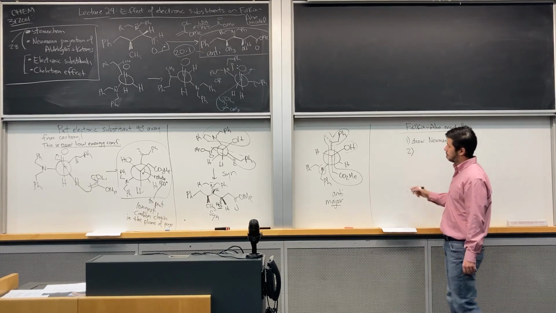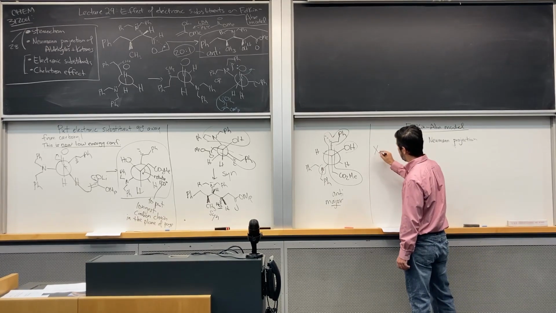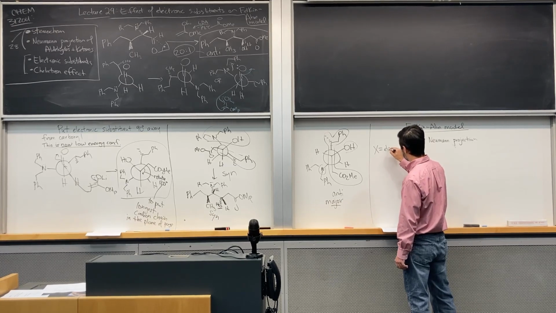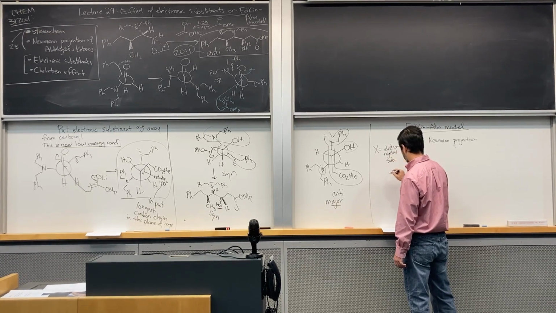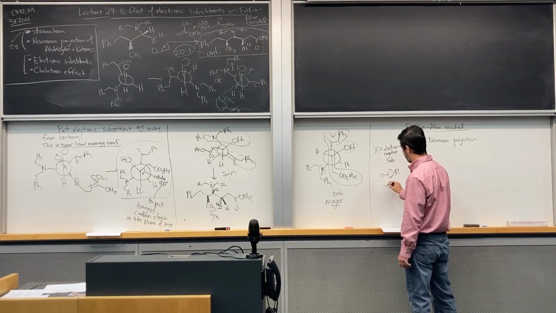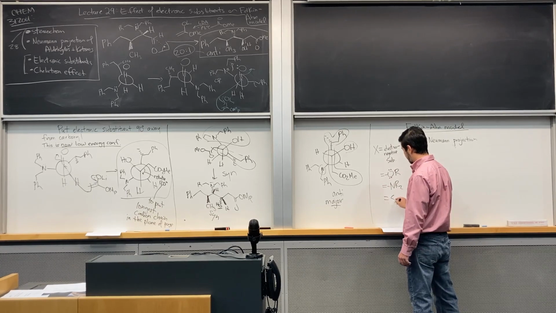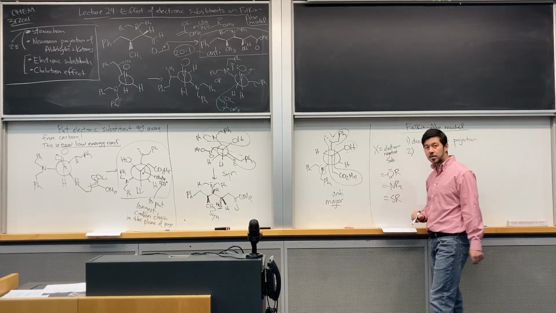Now, let's talk about electronic substitution. So if X is an electronegative substituent, so this could be something like OR, or if X is equal to NR2, like we just saw over there, or even things like thiols.